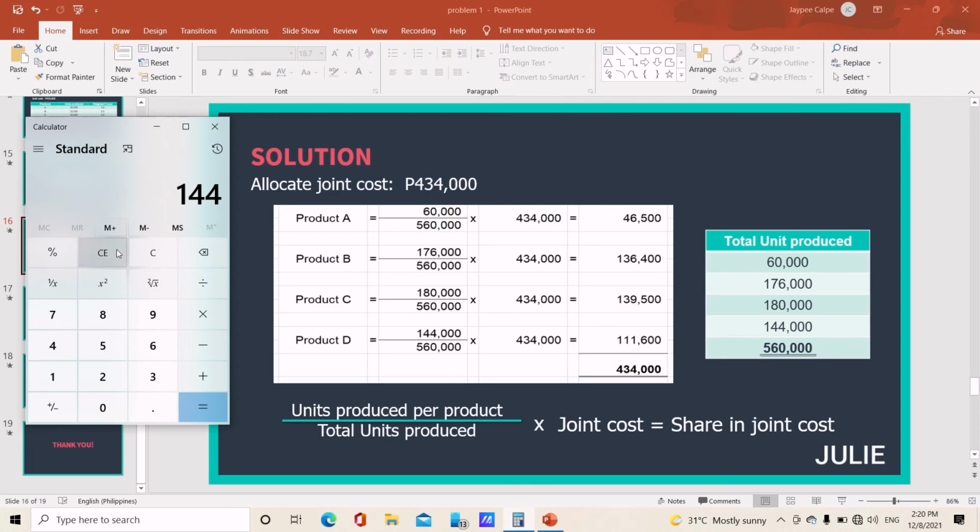For product D, 144,000 divided by 560,000 multiplied by the joint cost again, we have 111,600. To check if it's correct, we will add the share in joint cost, 46,500 plus 136,400 plus 139,500 plus 111,600, we will get 434,000. This is the same as the given joint cost of the company.